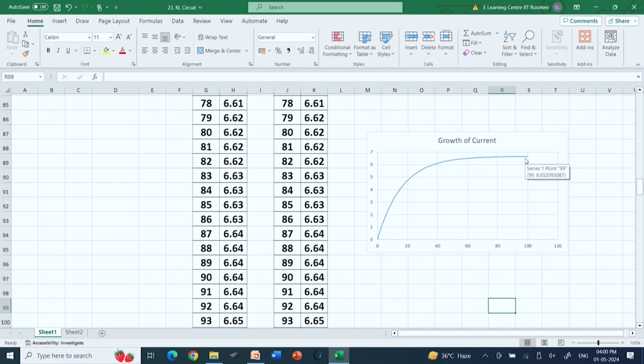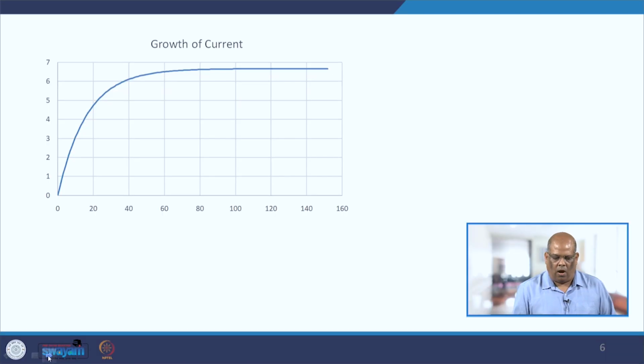Now, as we see, the graph which gives the growth of the current is similar to what we got in Microsoft Excel. The growth of the current is given by V by R times 1 minus e to the power minus R by L t.